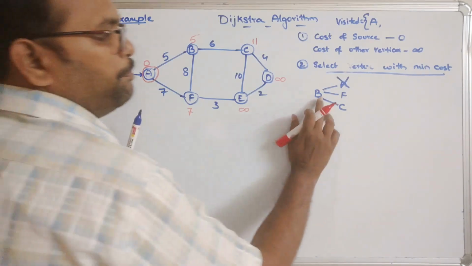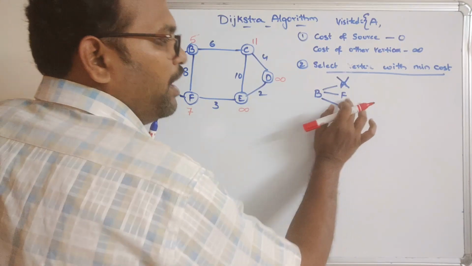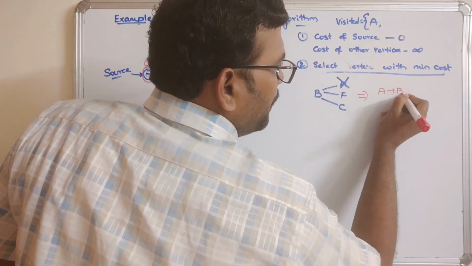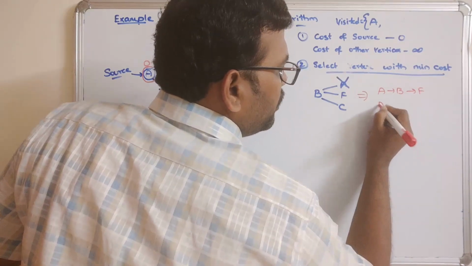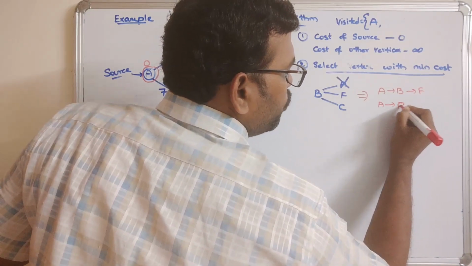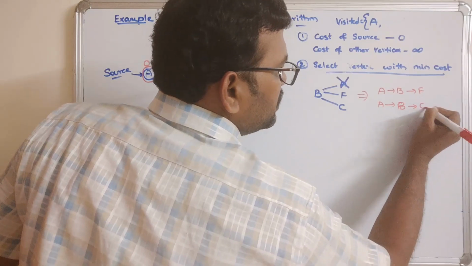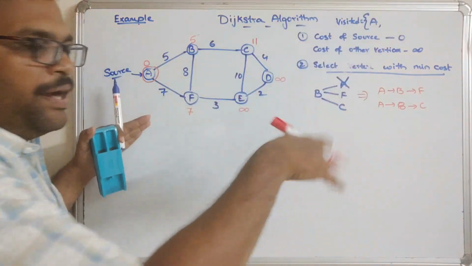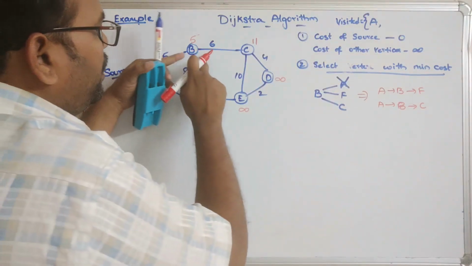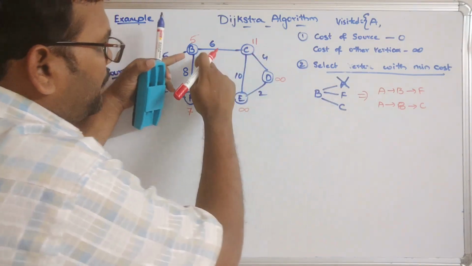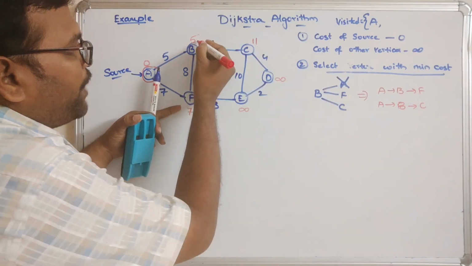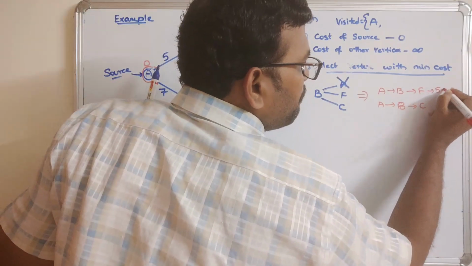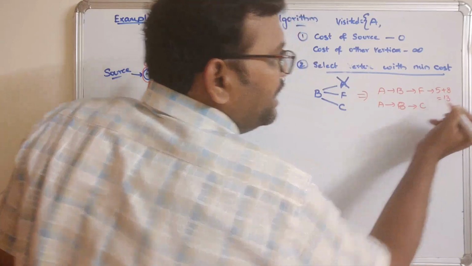So B to F means A to B and then F. B to C was 11, and B to F is 5 plus 8, which gives 13.